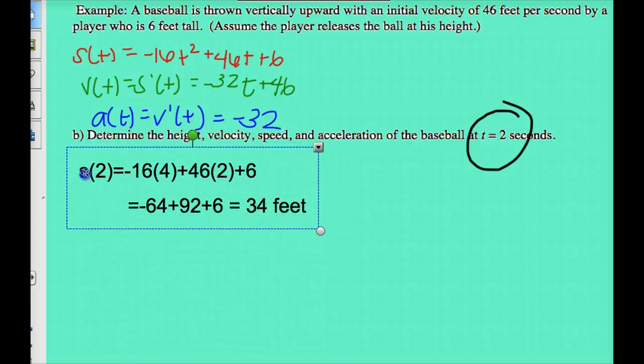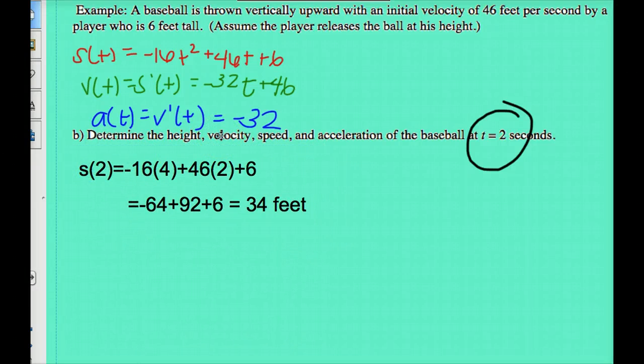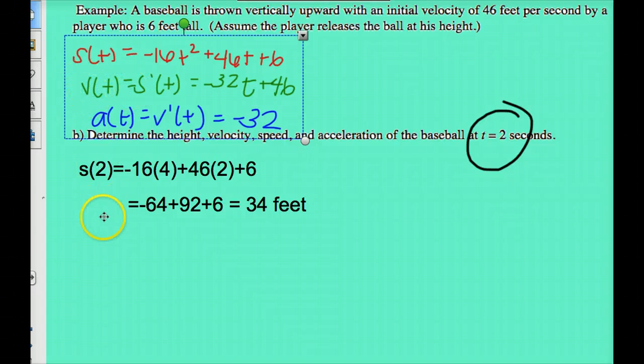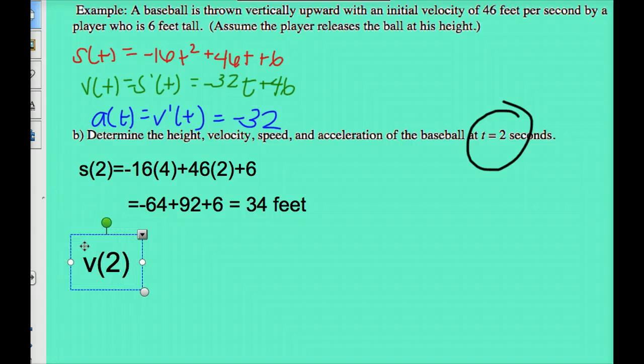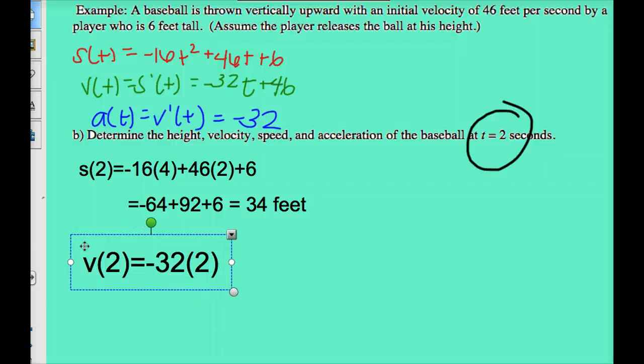Okay. Now the next thing says find the velocity. Well, if I'm looking for velocity, which of these equations should I use? I should use my green equation, v of t, and now I'm going to plug in 2. So v of t is equal to negative 32 times 2 plus 46.